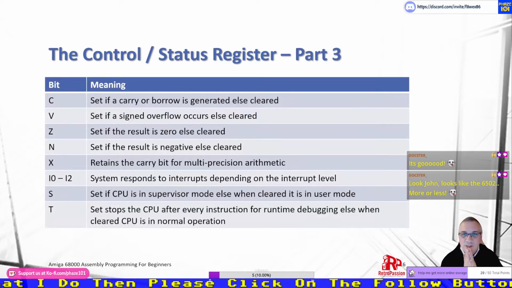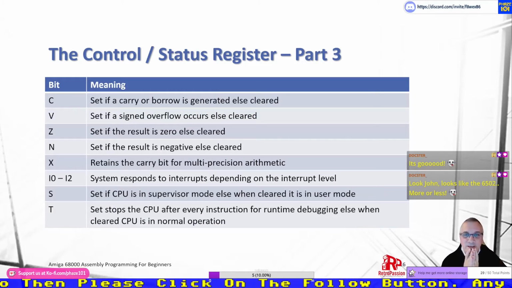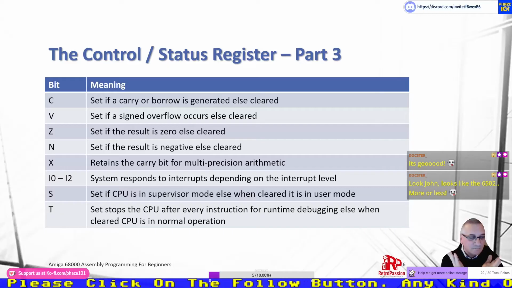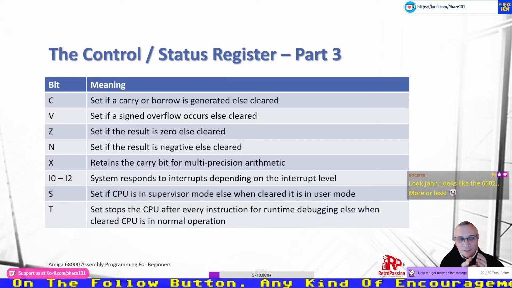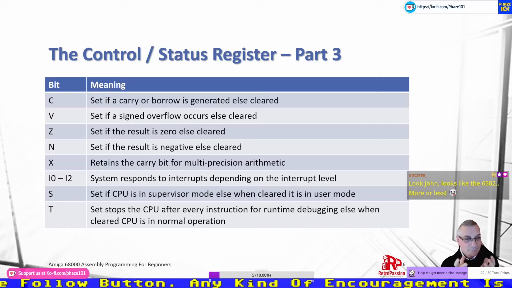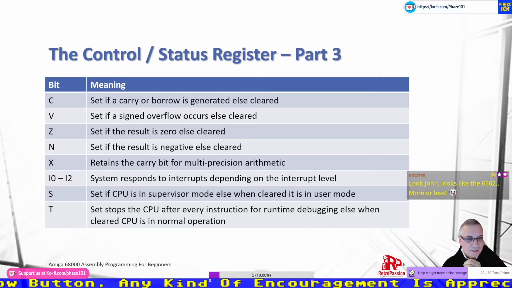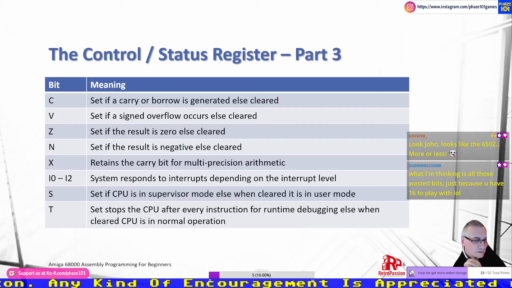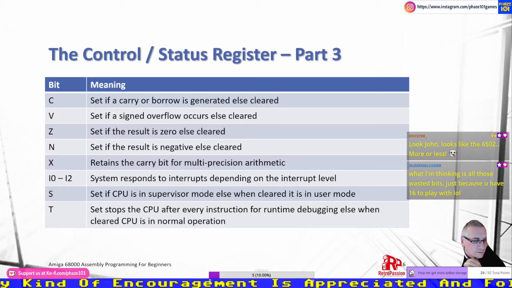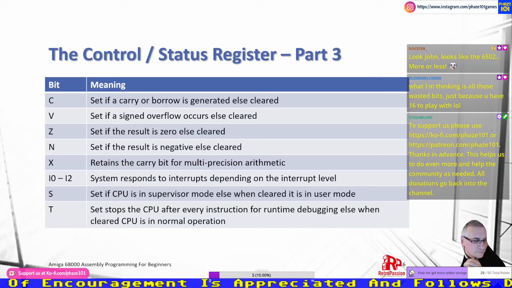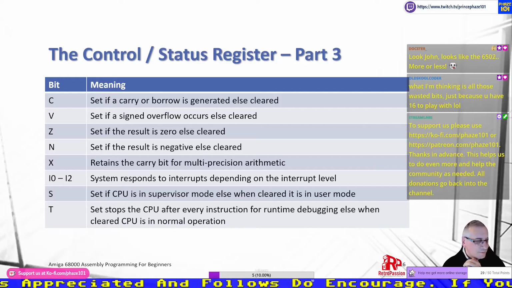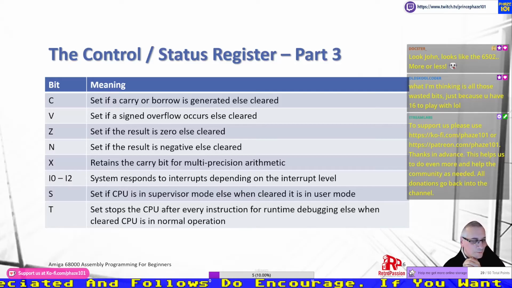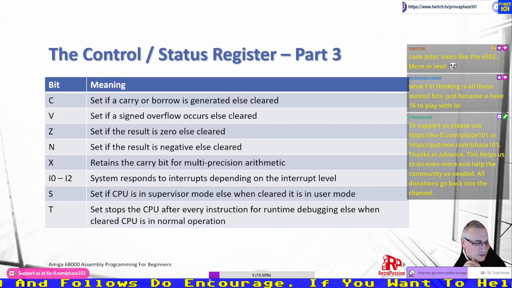Here you'll see why I said about the extended bit. So C, you all know, it's the carry, okay, or the borrow, depending on the result of an instruction. Well, those bits, I'm explaining 68,000. I'm not explaining 68040 or 60 or whatever.